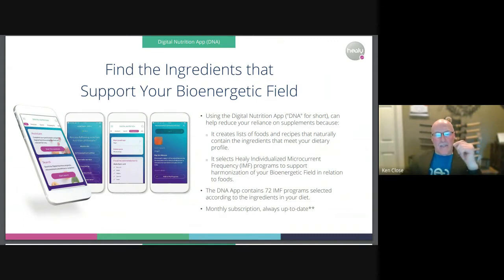But it does have 72 very specific IMF programs. These programs are allocated by purpose. Within one program, its purpose might be hair. Now, I don't use that a lot because I prefer this style, but it could be around hair.